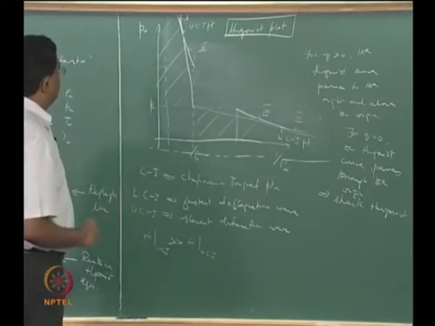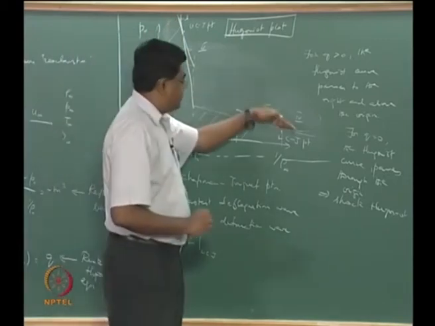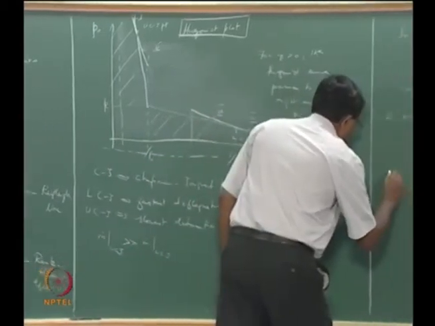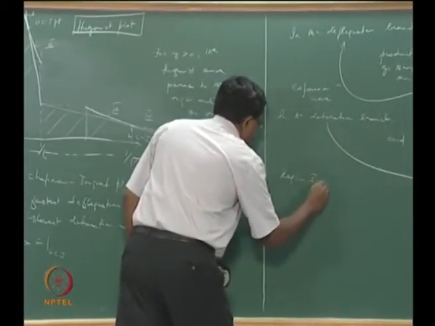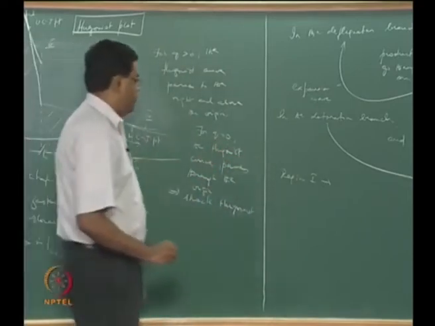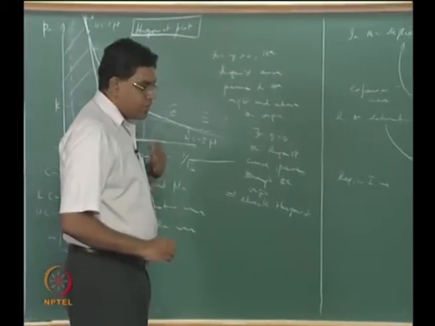So we essentially are looking at the upper branch as the detonation branch, and the lower branch as the deflagration branch. At the moment they are just names, we still don't understand them completely, but let us just give the names first and then start understanding, because that will aid us.